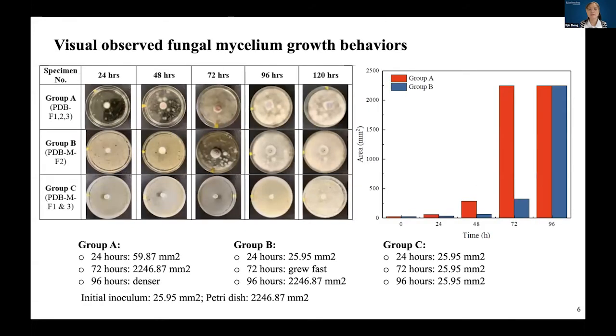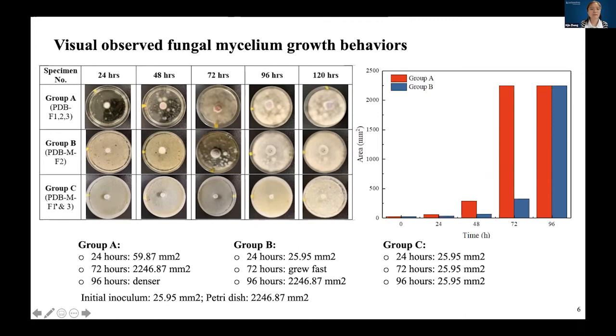Based on their growth behavior, we divided these 6 samples into 3 different groups, A, B and C. Group A includes all the PDB F1, 2, 3 samples. Group B contains the PDB MF2.